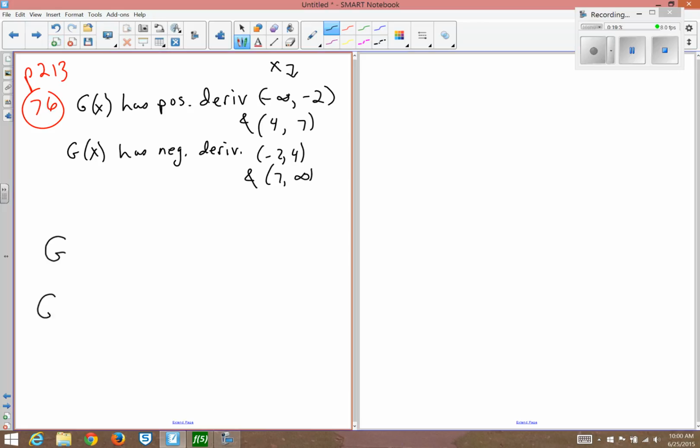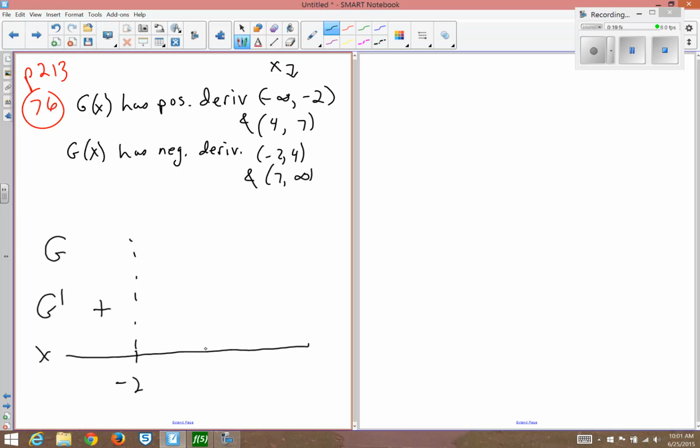G prime, x from -infinity up to -2. G has a positive derivative. So G prime is the derivative of G.